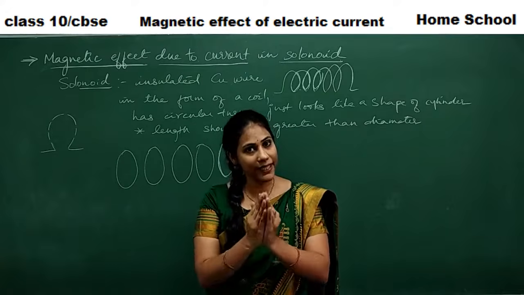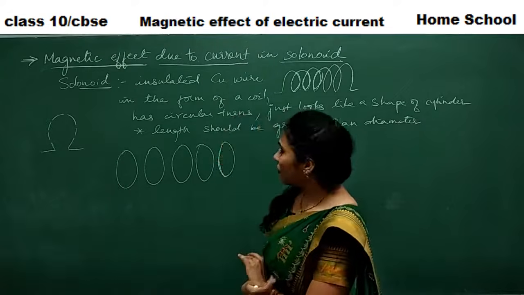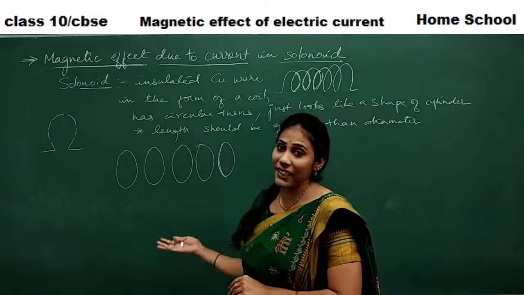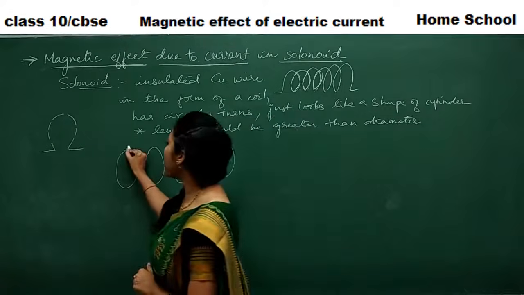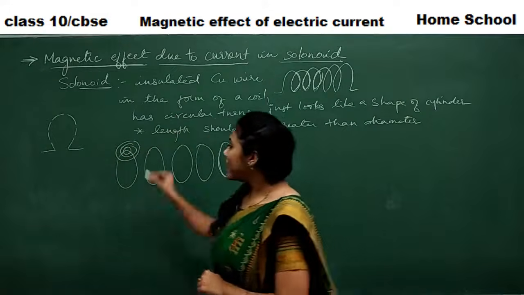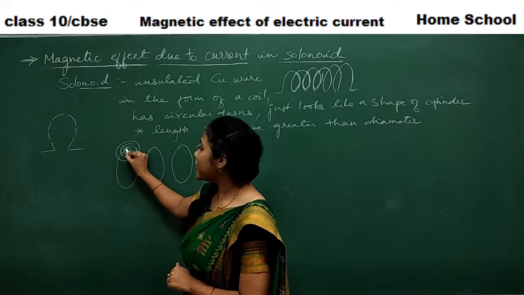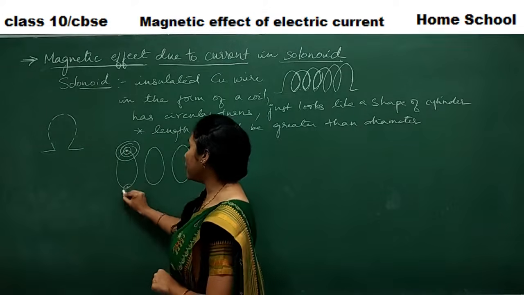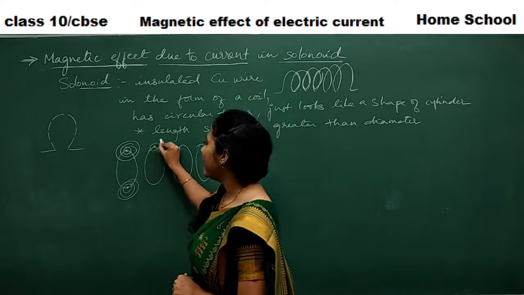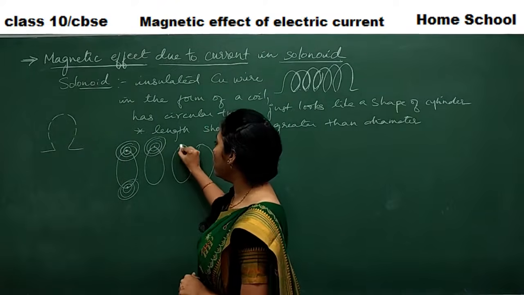Now, how is the magnetic field generated? Definitely, the magnetic field is generated in concentric circles. Say I consider 2 points in this circular loop, point 1 and point 2. At both points you would observe the magnetic effect generated in a circular loop.